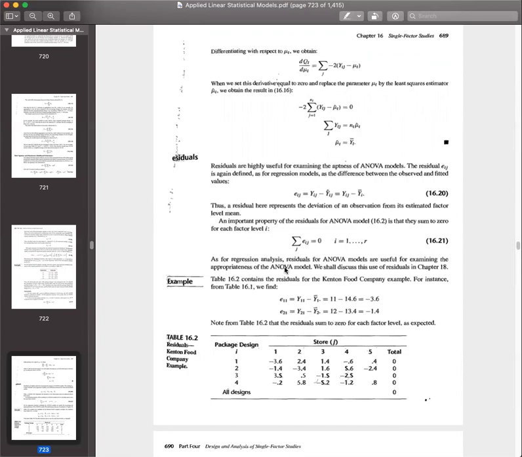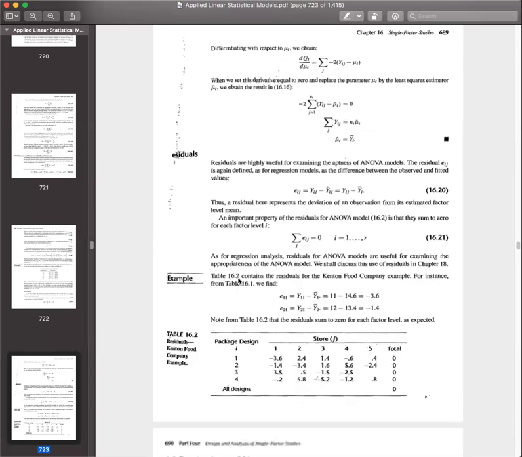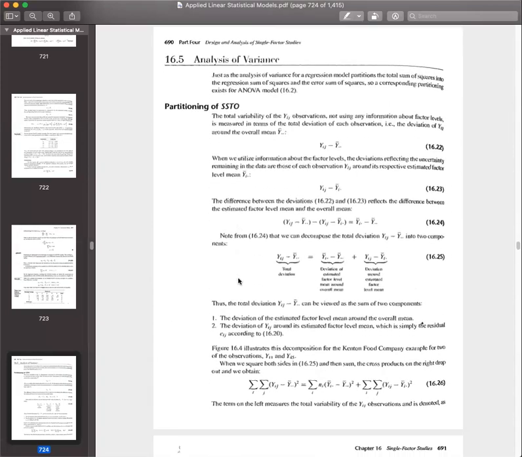Now, the analysis of variance. Just as the analysis of variance for a regression model partitions the total sum of squares into the regression sum of squares and the error sum of squares, so a corresponding partitioning exists for an ANOVA model. The partitioning of SSTO.